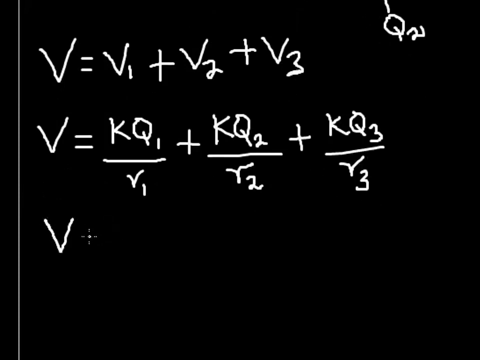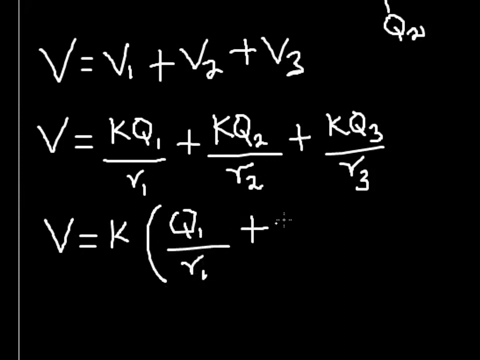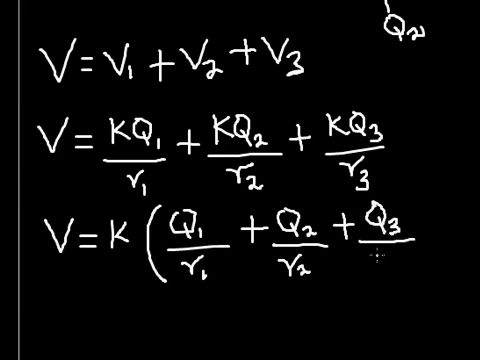Let's do something about this. I can factorize. Simple. K is common in all these 3 fractions, so I can simply take the K out, open bracket. I'm left with Q1 over R1, then Q2 over R2, then for this I'm left with Q3 over R3.